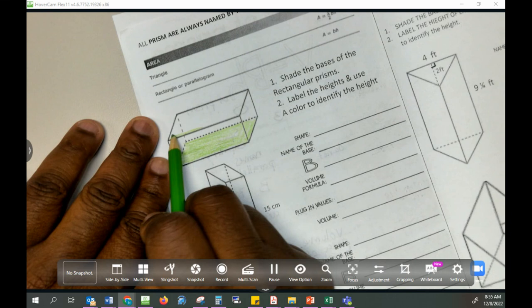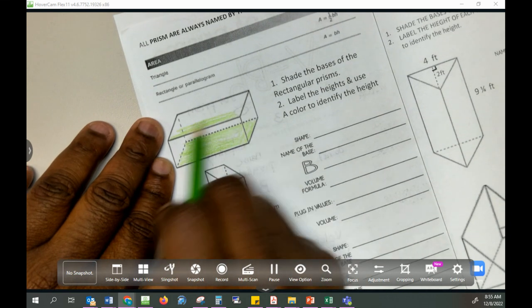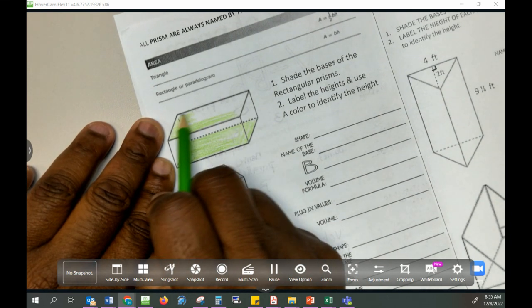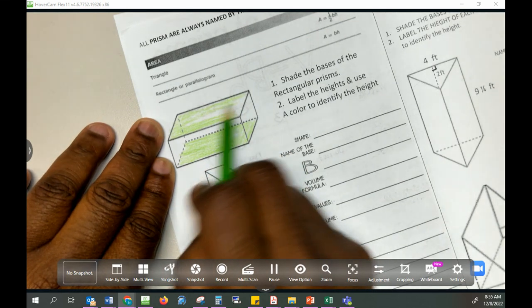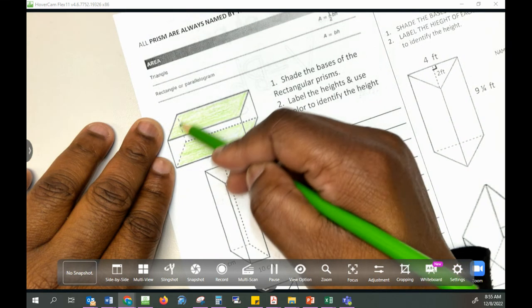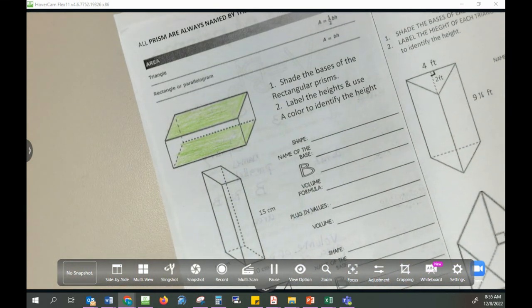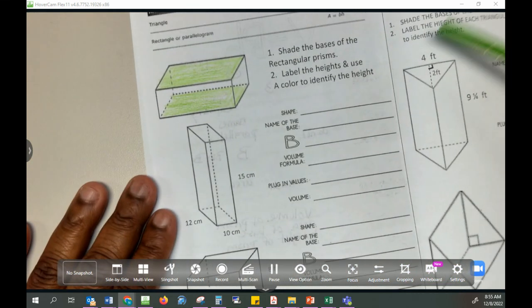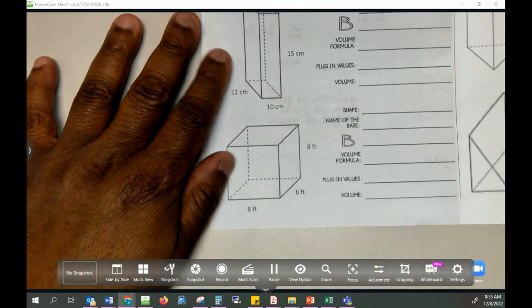So I'm also going to shade my top base as well, because the bases must be parallel to one another. So please go ahead and do that for all three of your shapes.